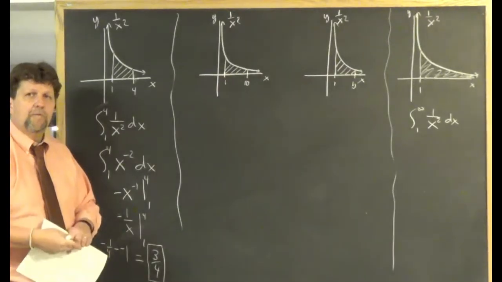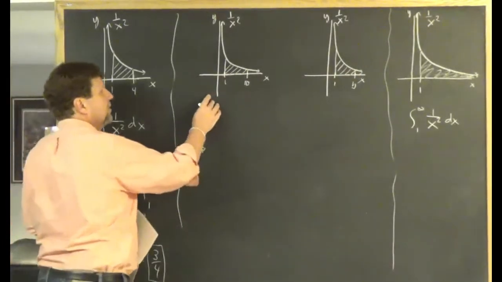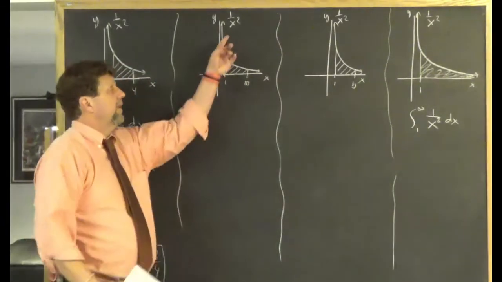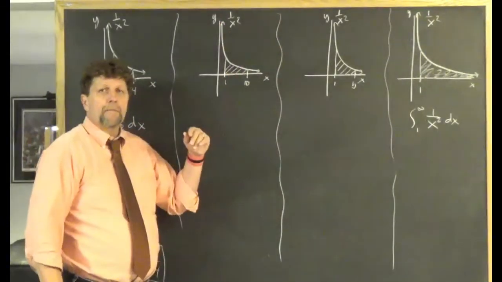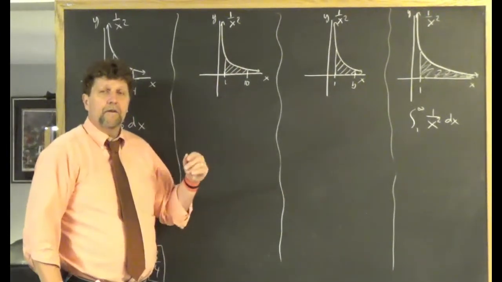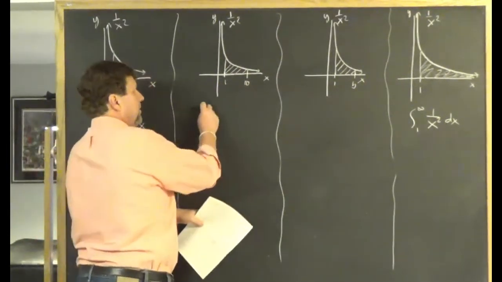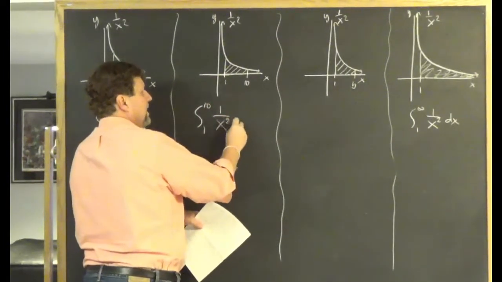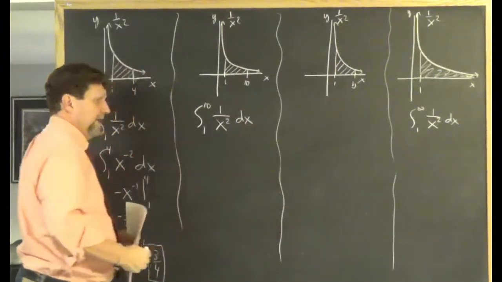Easy, no problem. Let's do this one. Notice it's the same function, 1 over x squared. Let's find the area of the region from 1 to 10. Well, a definite integral to find that area is the integral from 1 to 10, 1 over x squared dx.